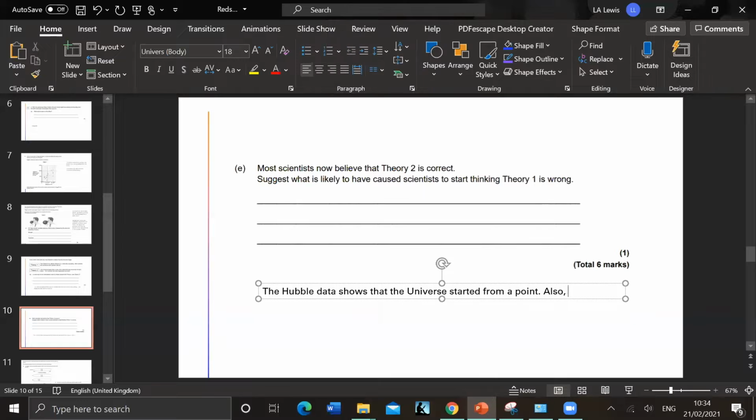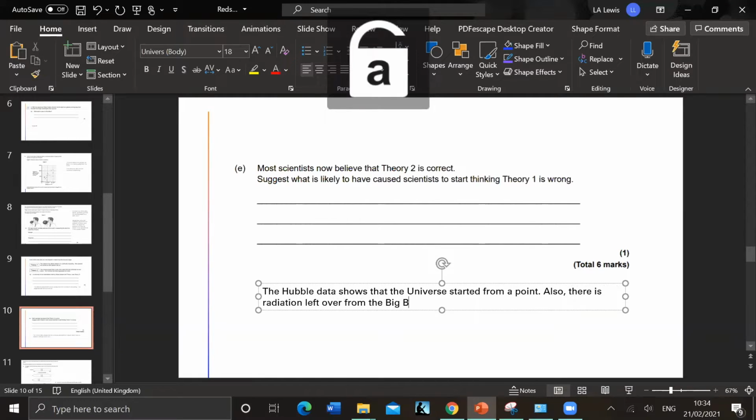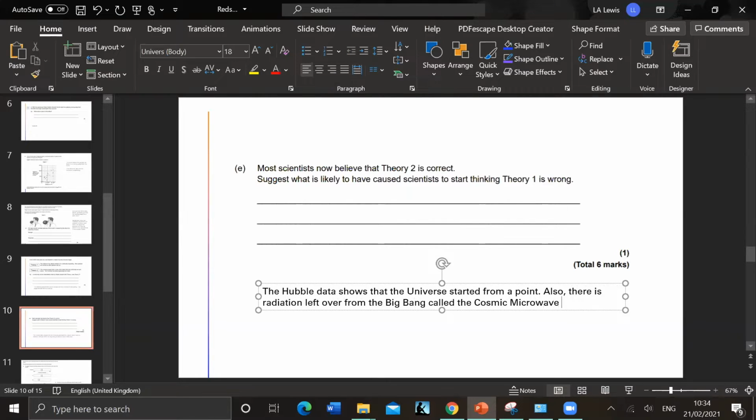Also, it's not really covered in this lesson, but I'll talk about it anyway for a bit. There's radiation left over from the Big Bang called the cosmic microwave background radiation, it's another video.